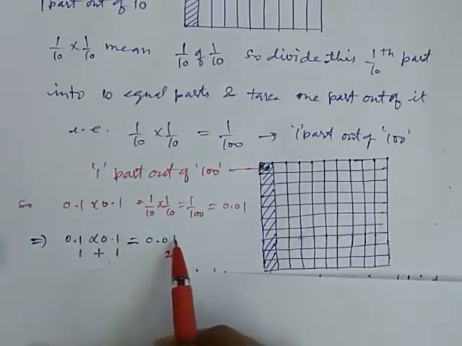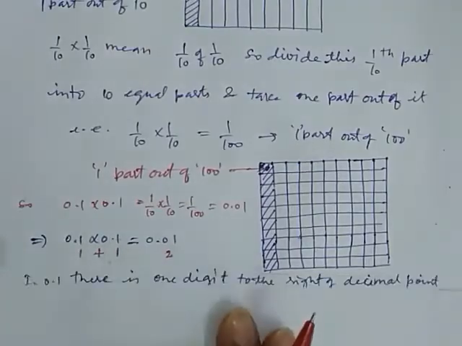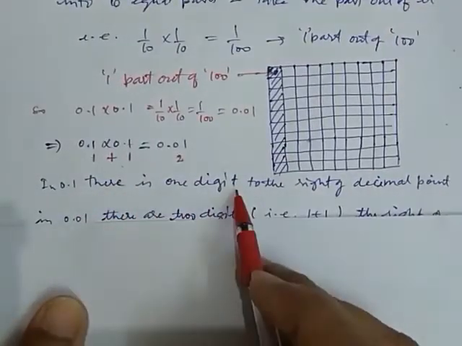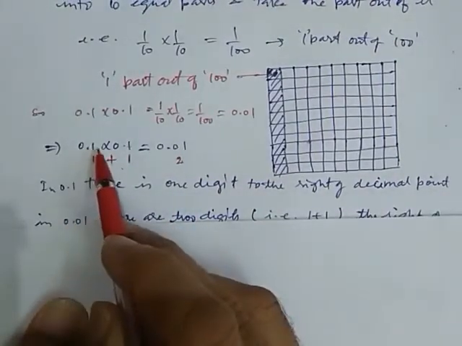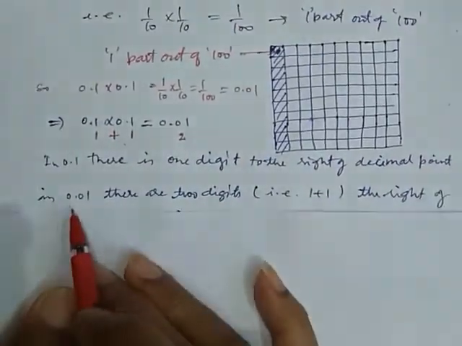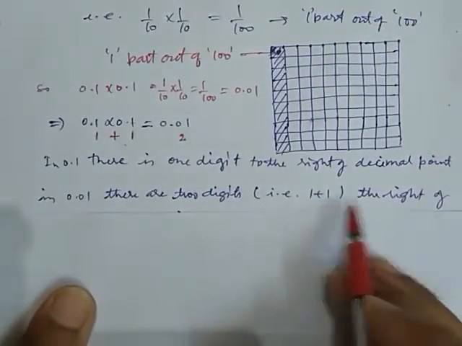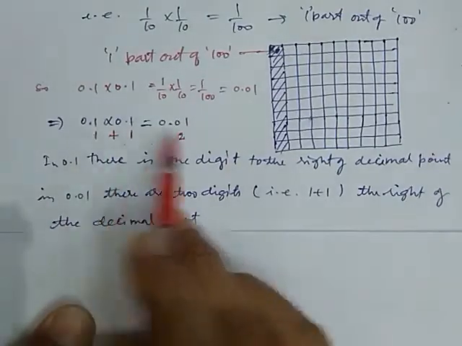So we multiply 1 into 1, that is 1, and we put the decimal after 2 digits. Okay, so this is clear. In 0.1 there is 1 digit to the right of the decimal point. In 0.01 there are 2 digits, that is 1 plus 1, to the right of the decimal point. So both are the same.